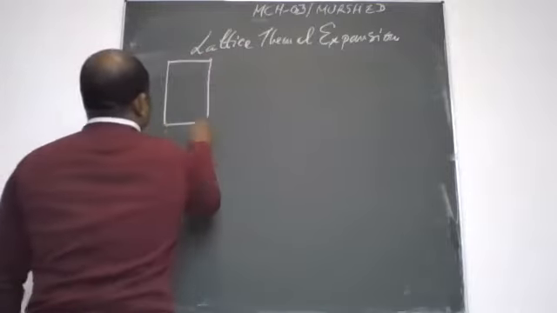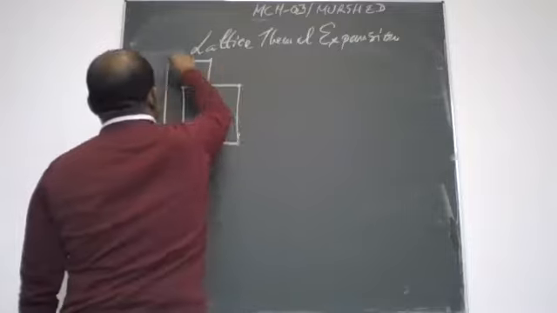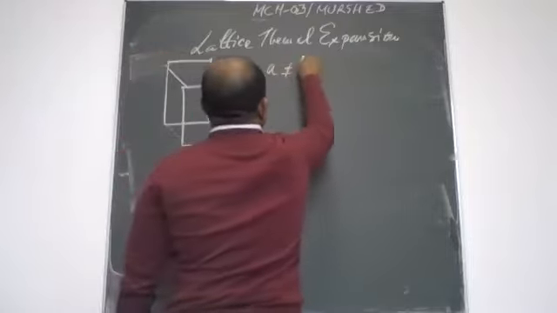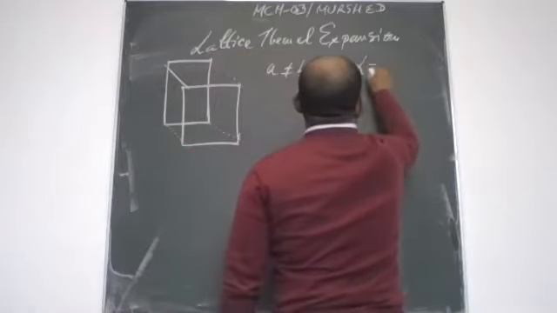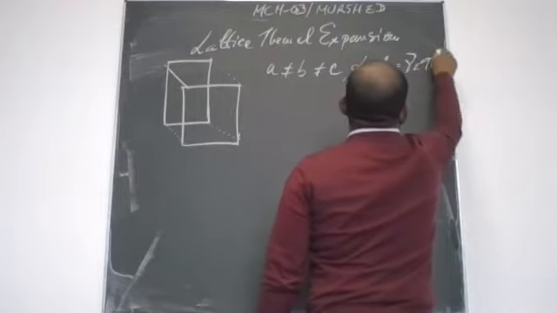You have learned last week that in any orthorhombic system, you have A not equal to B not equal to C, and alpha equal to beta equal to gamma equal to 90.